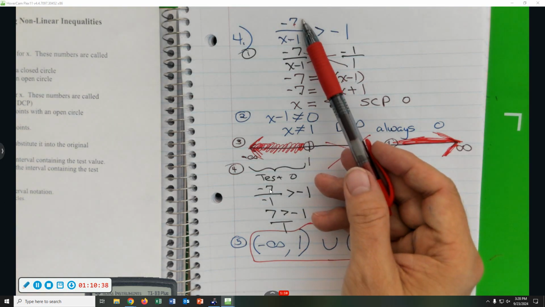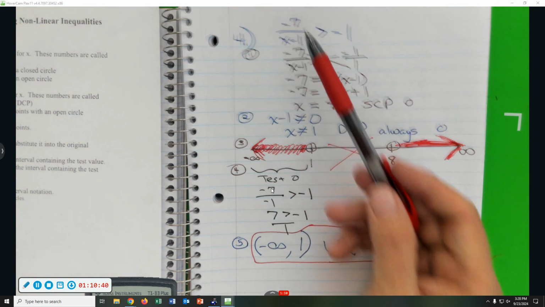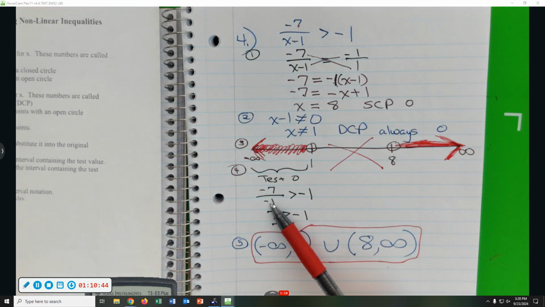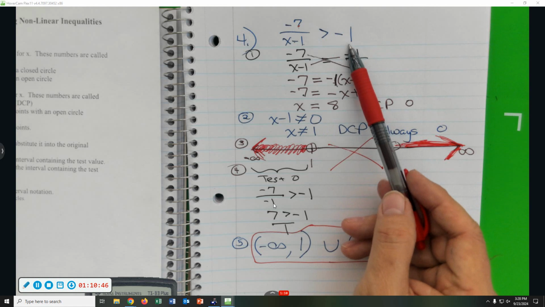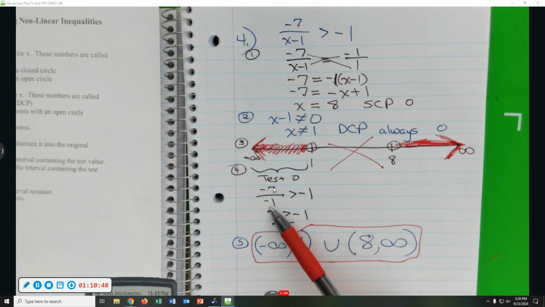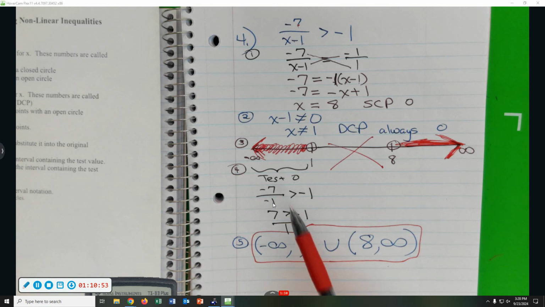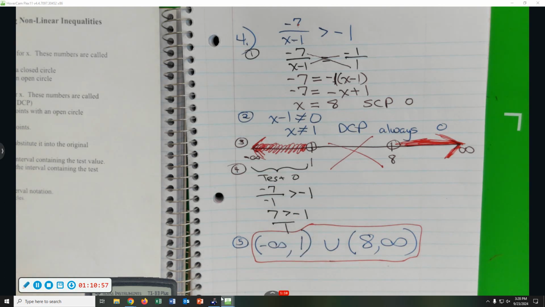There was no x to plug in there. But we've had negative 7 on the top. 0 minus 1 gave me a negative 1. Is that bigger than negative 1? It's just a coincidence those numbers turned out to be the same. And negative 7 divided by negative 1 is positive 7. Any questions there?